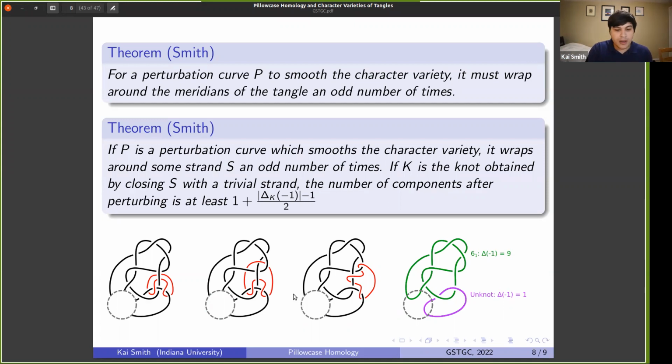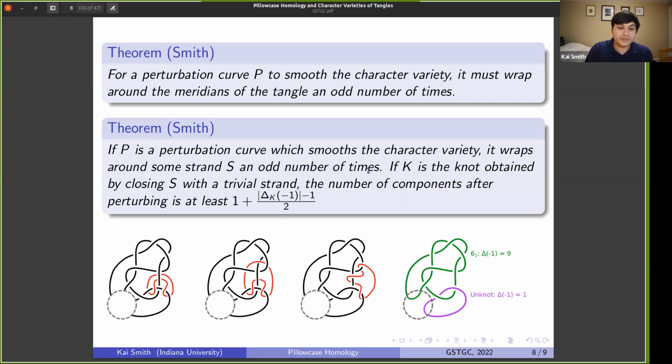So if we close up our two tangles here in a way that gives us two components, so a link, we'll see that we get this green component, which is the knot 6-1, and this purple component, which is the unknot. The middle perturbation curve here wraps around the purple strand twice and the green strand 3 times.